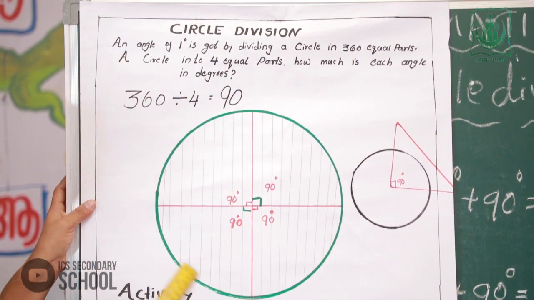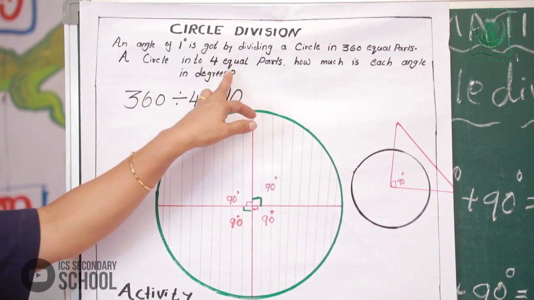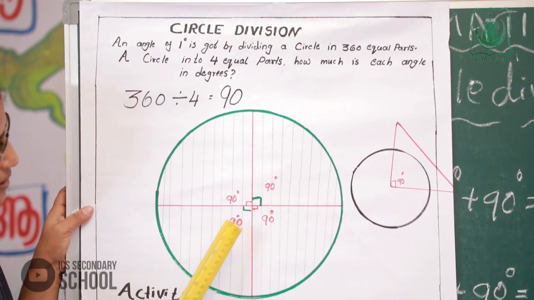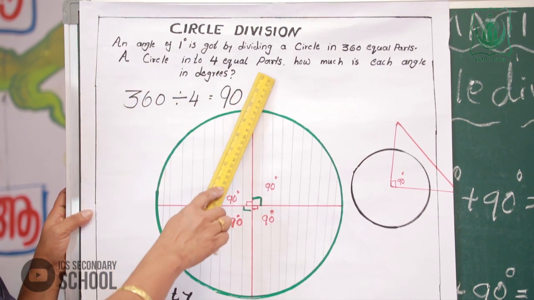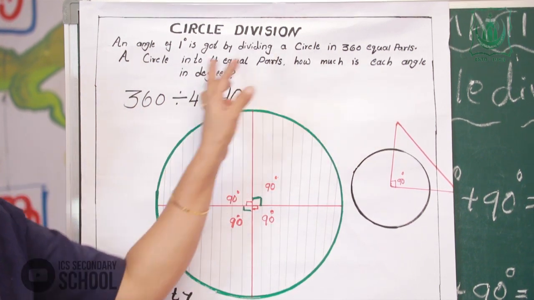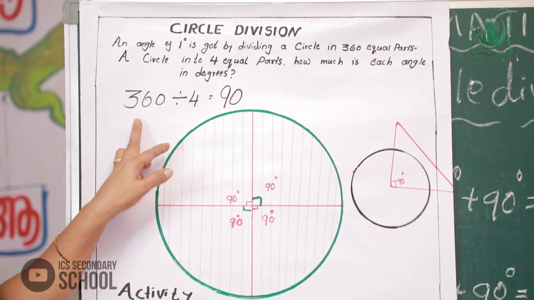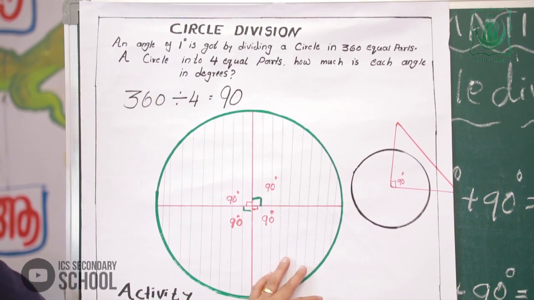The whole circle is 360 degrees. A circle into 4 equal parts: 1, 2, 3, 4. How much is each angle in degrees? 360 divided by 4 is 90 degrees.